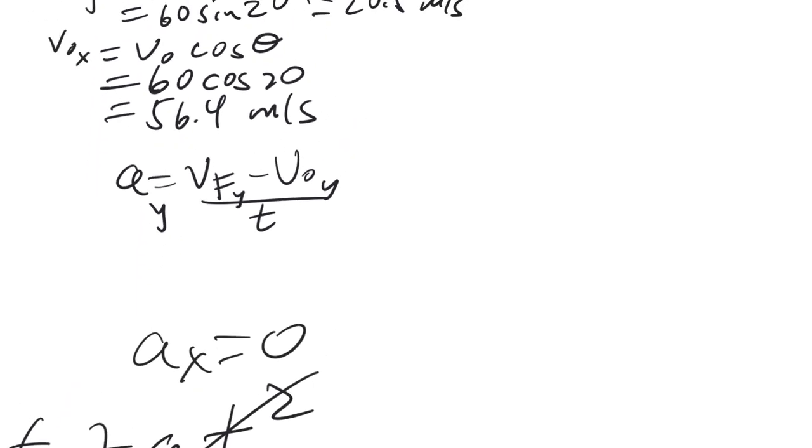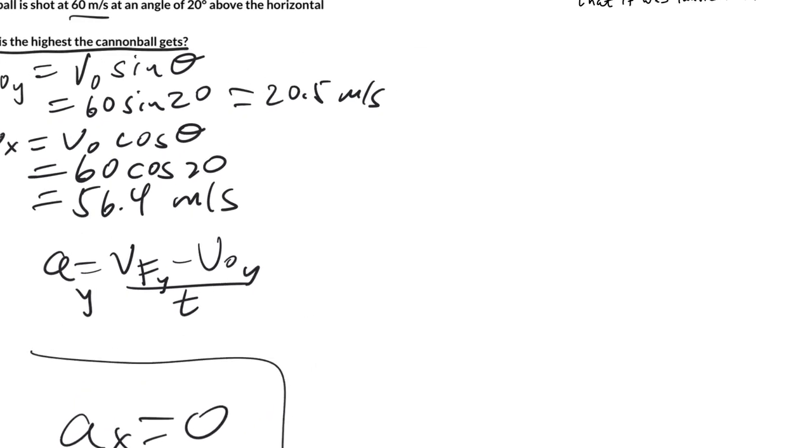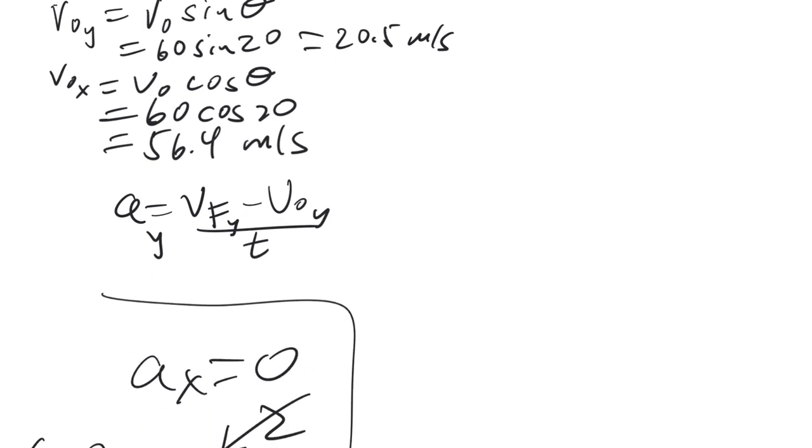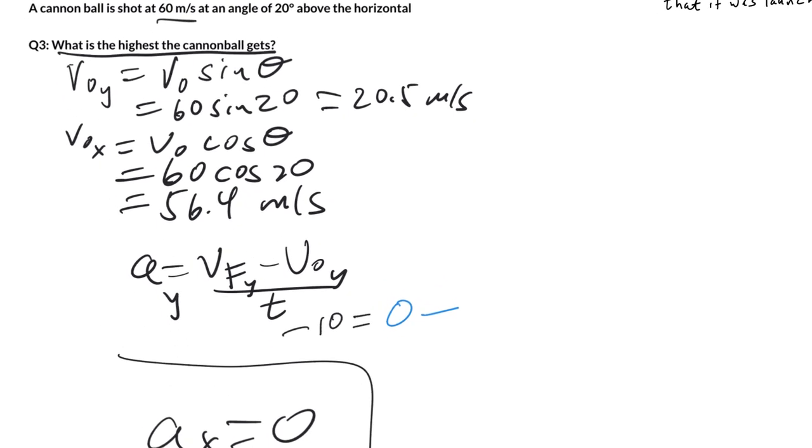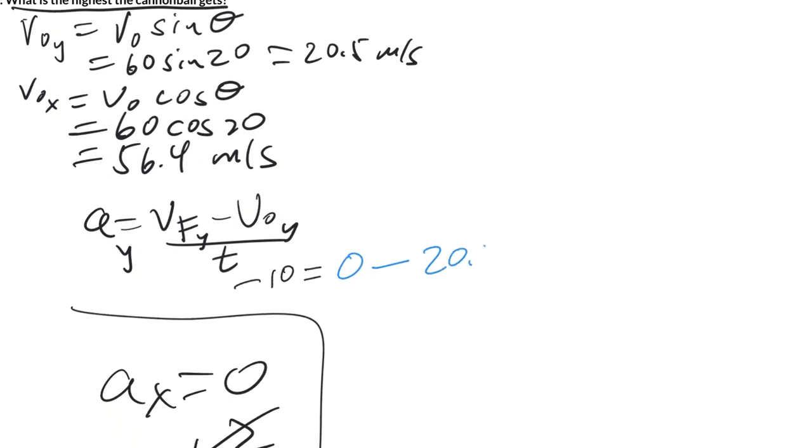So -10 equals VFY 0 minus VOY, which is 20.5, over the time. So the time equals 20.5 divided by 10, which is 2.1 seconds.